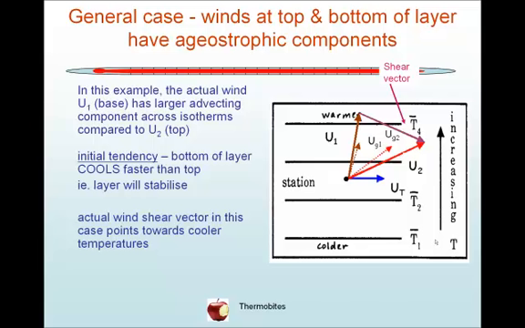The shear vector is pointing from warm temperatures to cold temperatures, and that's indicating that the top of the layer is warming compared to the bottom of the layer. So the actual wind shear vector in this case points towards cooler temperatures, and when the wind shear vector points from warm to cool for a layer, that means that the layer is stabilizing.